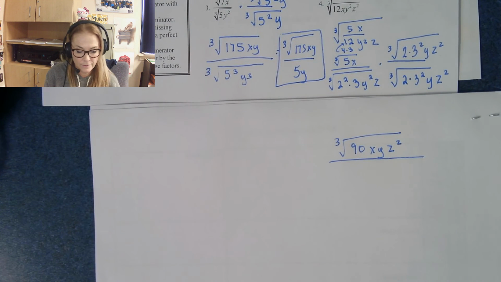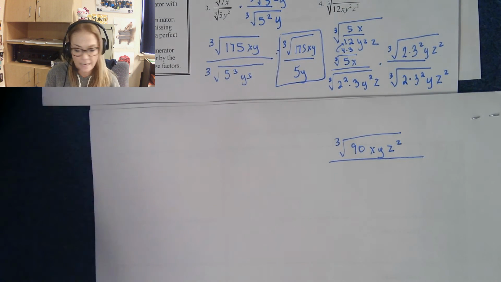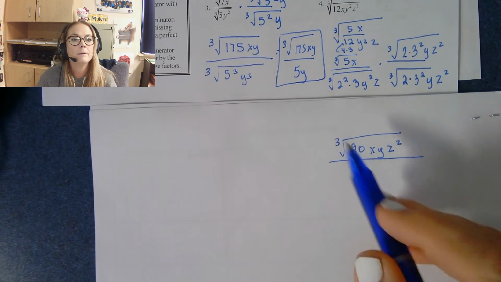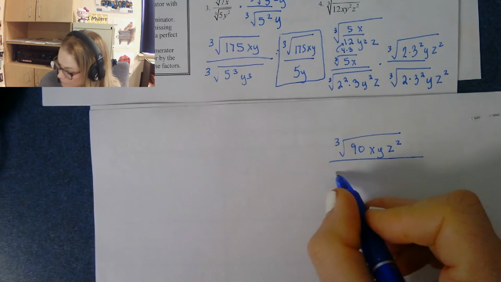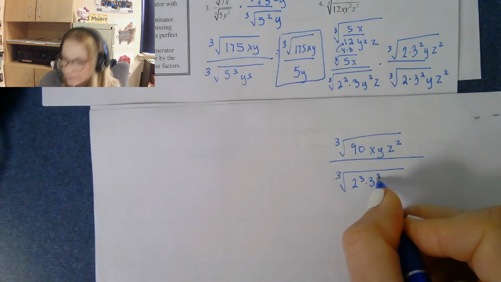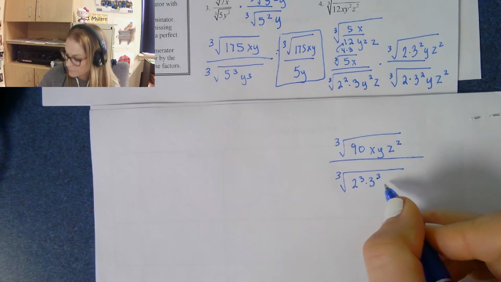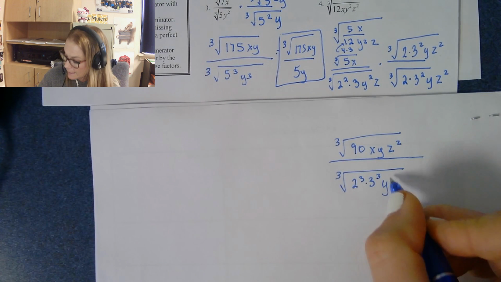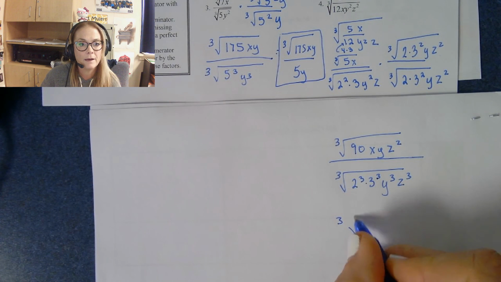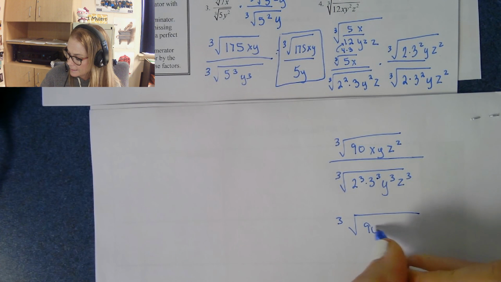So that is what we have there, 90xyz squared. And then on the bottom, again, note I've got the cubed root of 3 2's, 3 3's, 3 y's, and 3 z's. So your final answer here is the cubed root of 90xyz squared.